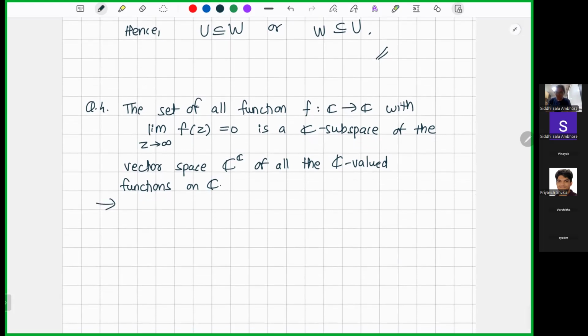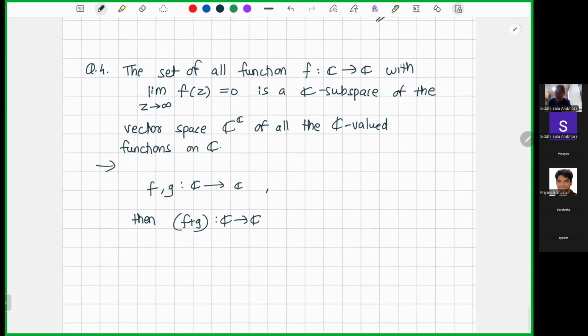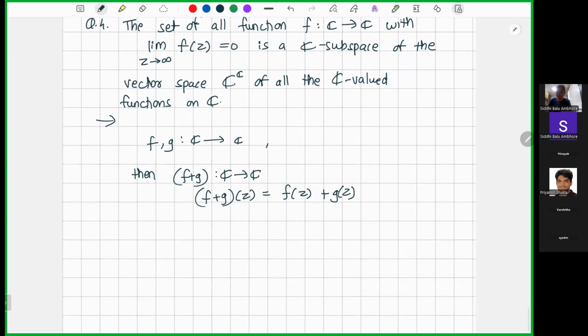If f, g are from C to C, then f plus g is a function from C to C defined like (f plus g)(z) is f(z) plus g(z). This is the definition of addition.